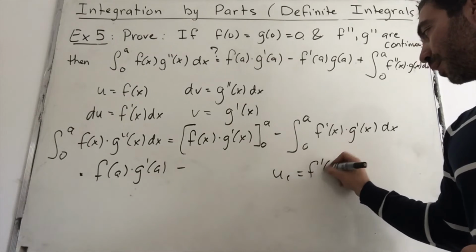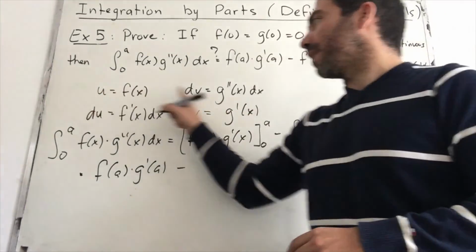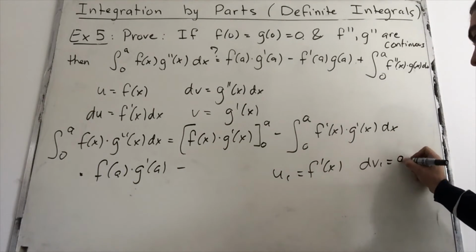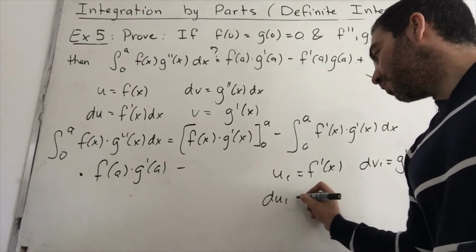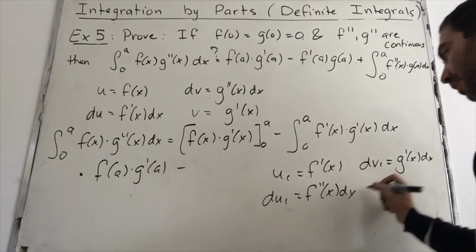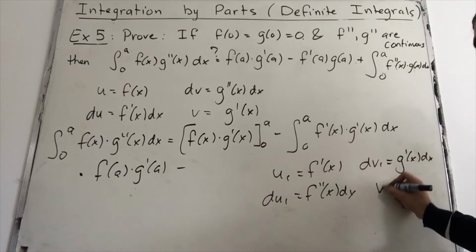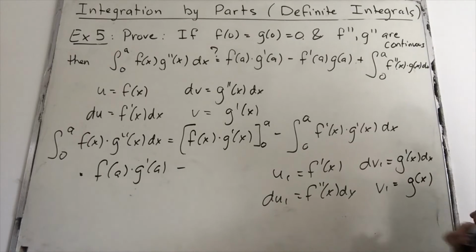I'll call u1 f prime of x. I'll call this dv1, just to change the notation from what we have here. dv1 is g prime of x dx, whatever's left over. And we take the derivative of u1, giving us f double prime of x dx. And here we're going to integrate g prime of x, giving us v1 is equal to g of x.